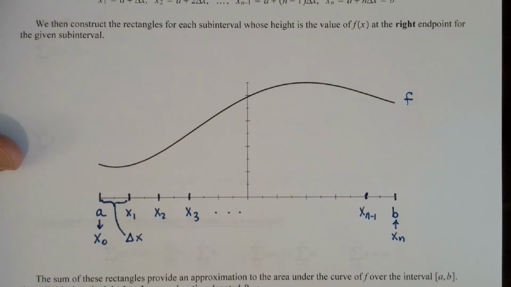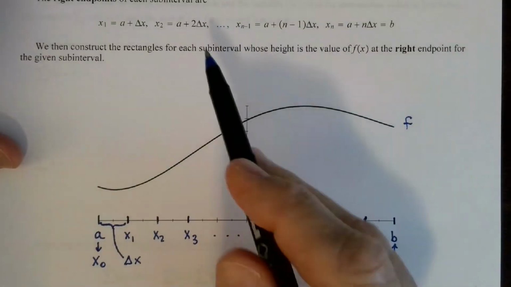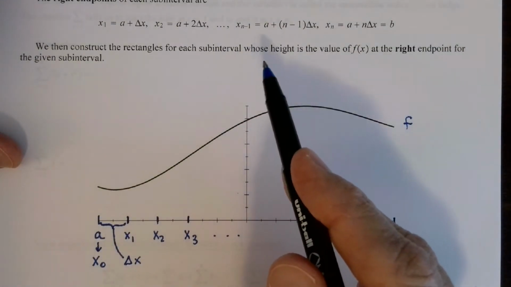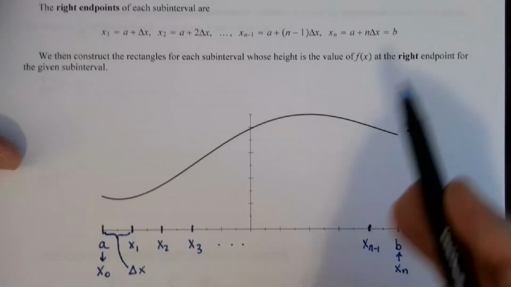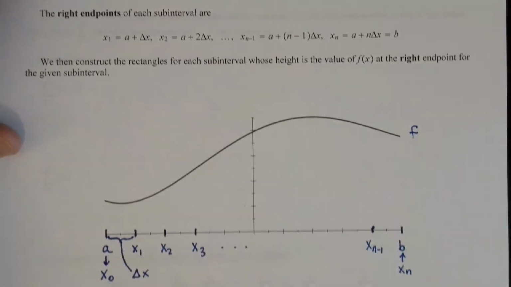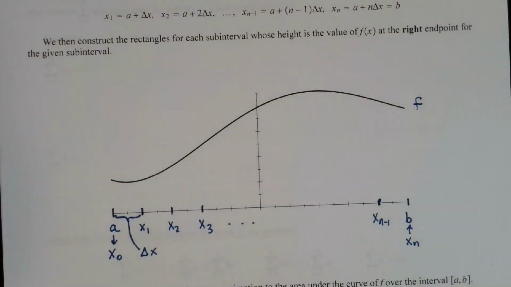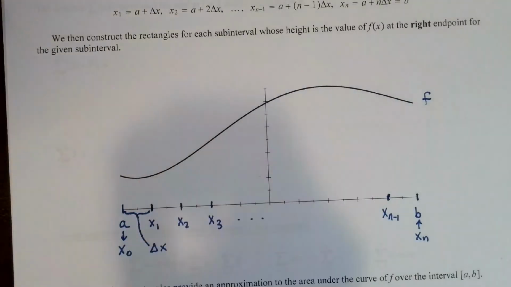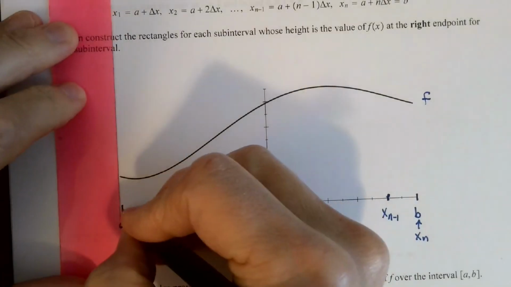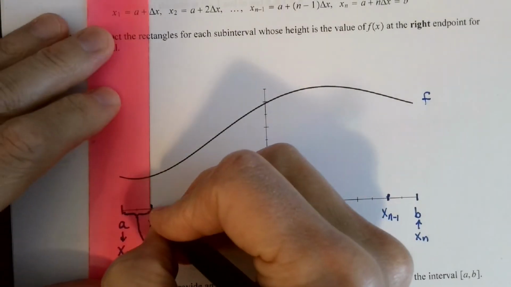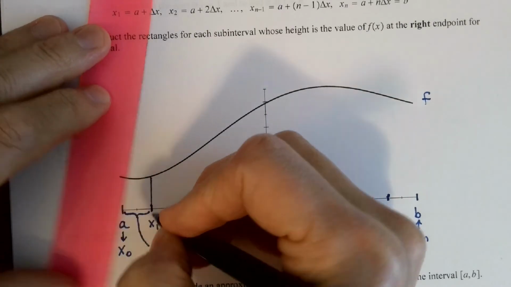Now, when we construct the rectangles for each subinterval, the height is determined by what? The right endpoint. So if we're going to do a right-hand approximation, then it would be the right-hand endpoint. So let me get a ruler here just to help with things. So the first rectangle here, the height will be based on the right endpoint.